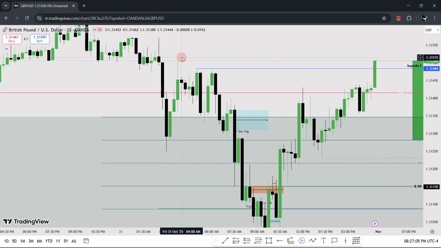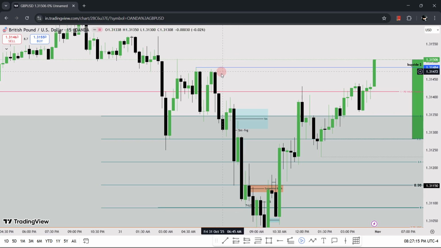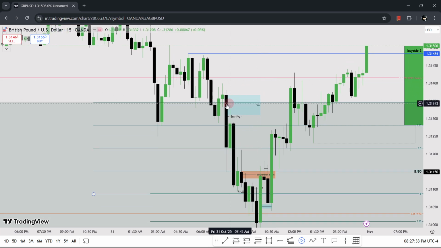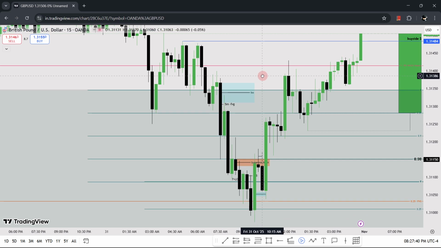If you are targeting buy side liquidity, that's the strongest reason. Price again dropped down to a low, creating a 5 minute, and that's what happens, pre-market, pre-New York.